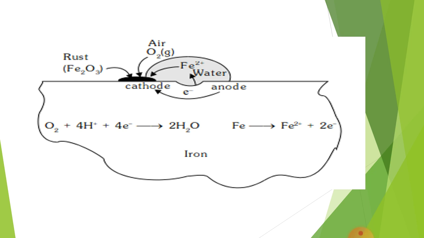So iron takes water molecules from the environment and also some acidic gas, the common acidic gas being CO2. This will enhance the process of rusting.